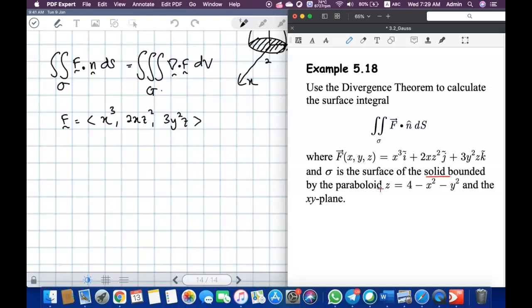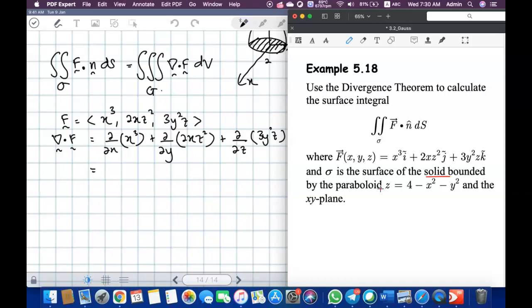Okay, so the divergence of F is del x of x cubed, plus del y of 2xz squared, plus del z of 3y squared z.